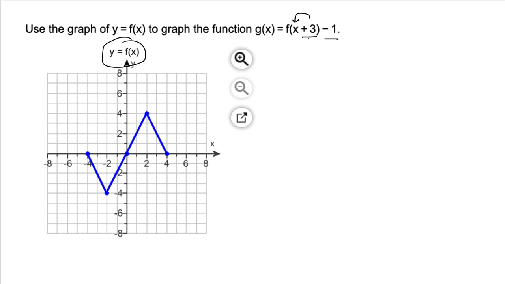In this case, we have a plus 3 on the inside of parentheses. We take the opposite sign and make that shift. The opposite of plus 3 would be negative 3, which tells me to move to the left. So I take the opposite if it's inside parentheses, and I'm going to move left 3 units.